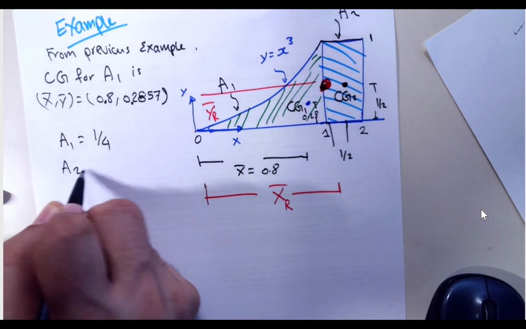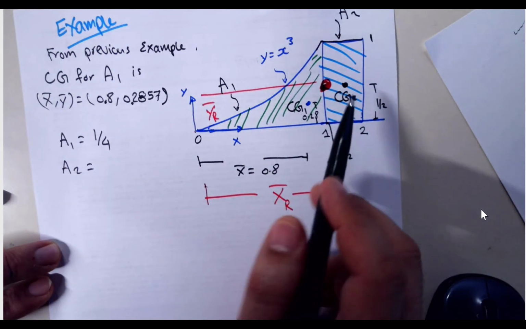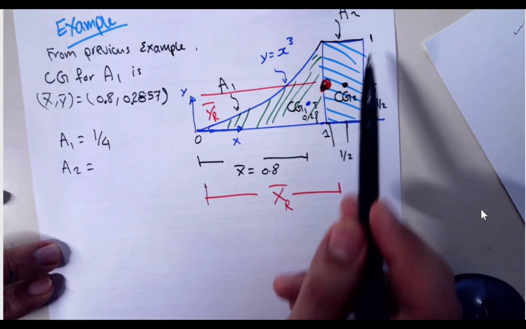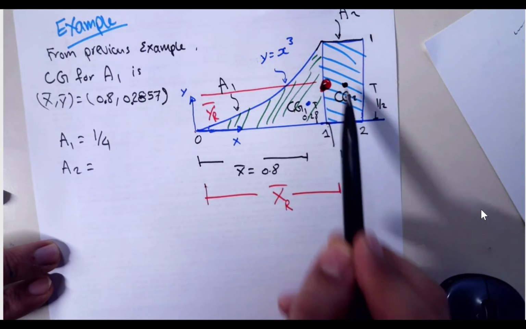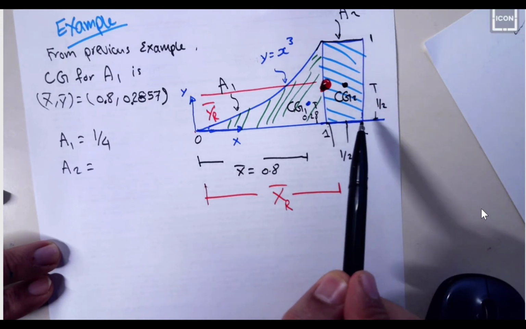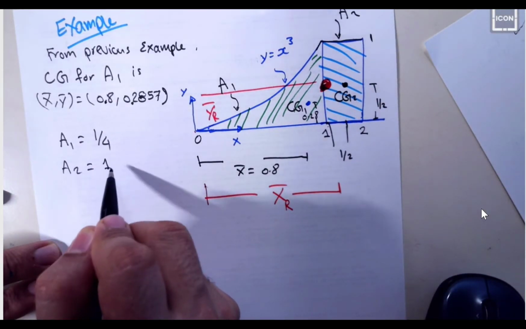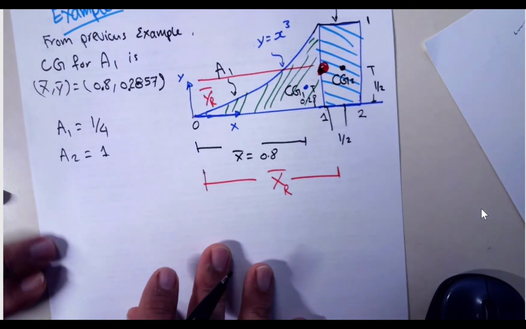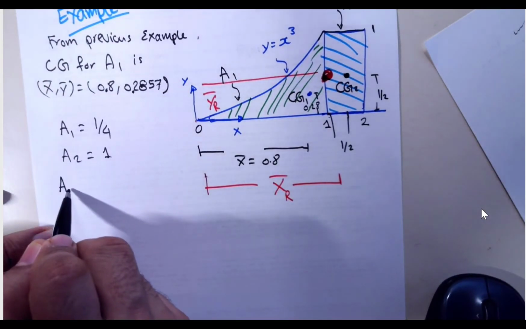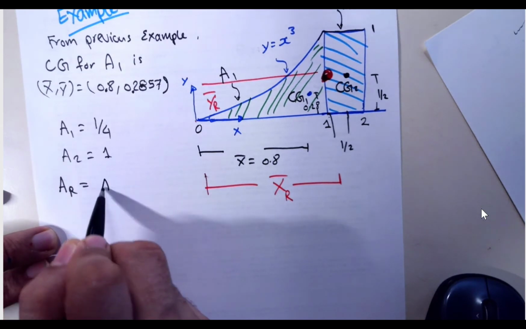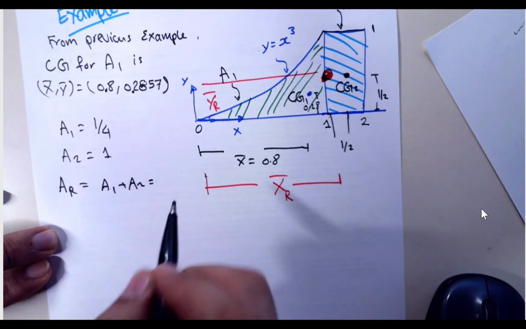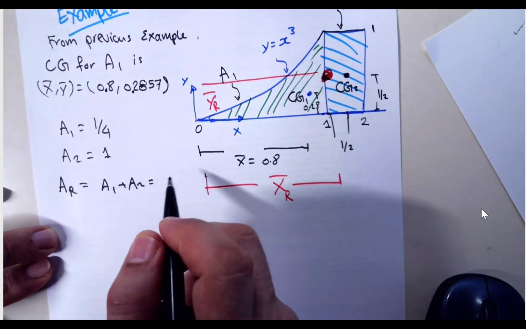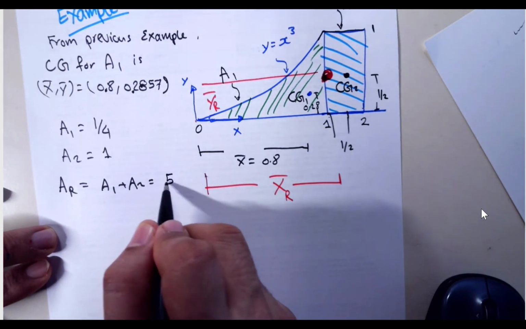The total area for the second one is simply b multiplied by h, the height, so it's 1 by 1, so it's 1, right? Now the total area resultant is A1 plus A2, and this is equal to 1 over 4 plus 4 over 4, so this is 5 over 4.